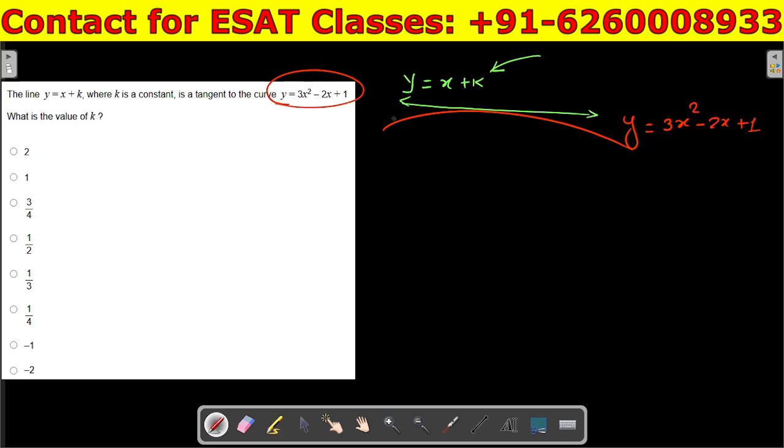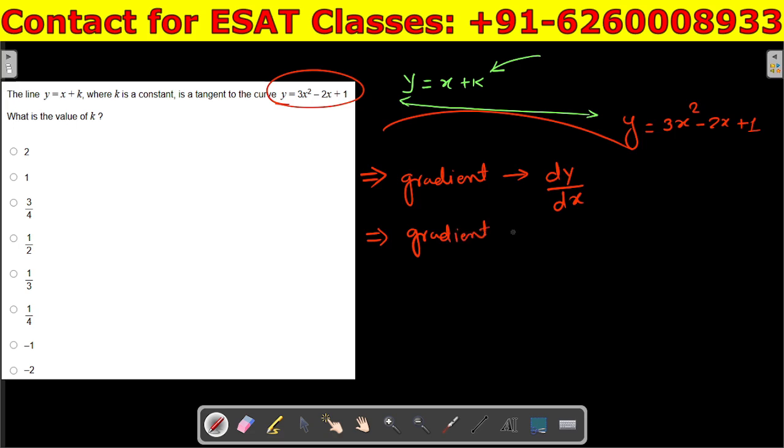First of all, the concept required here is that if you want to find the gradient of a curve, we find it by dy upon dx. Second, what is the meaning of the gradient of a curve?